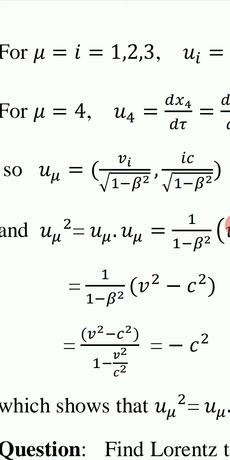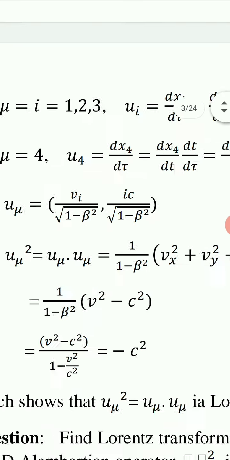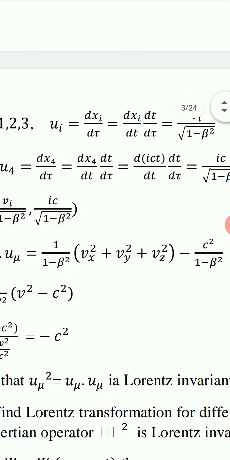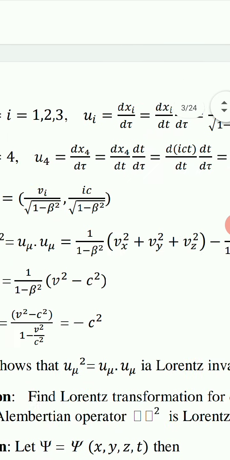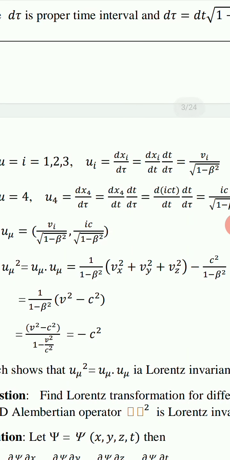So u mu square, that is u mu dot u mu, is equal to 1 upon 1 minus beta square into vx square plus vy square plus vz square, minus c square upon 1 minus beta square.